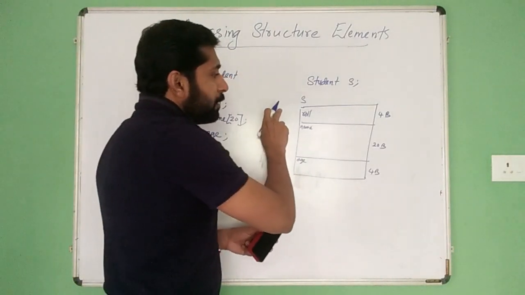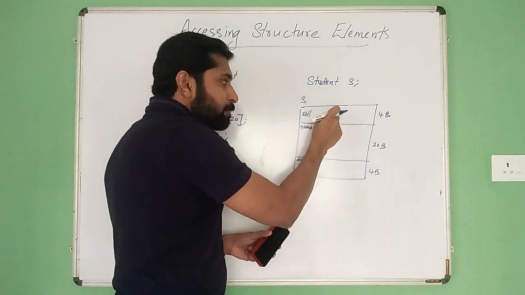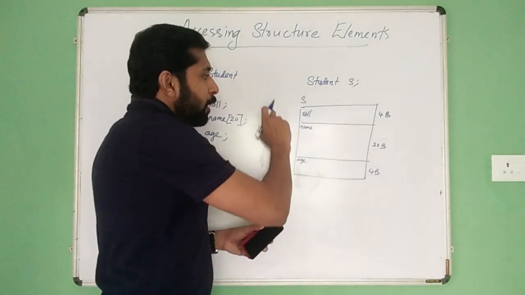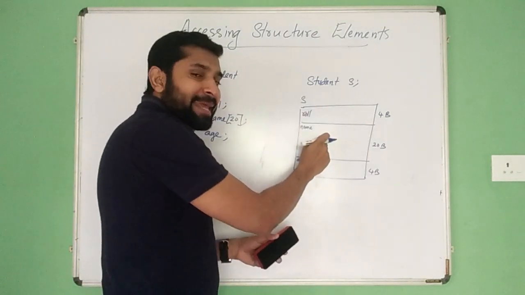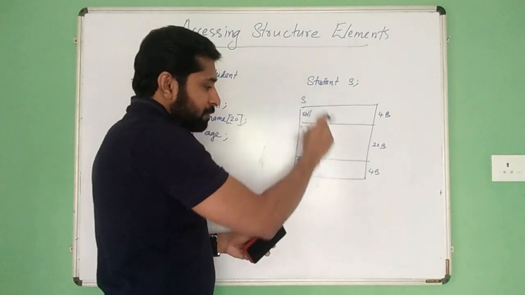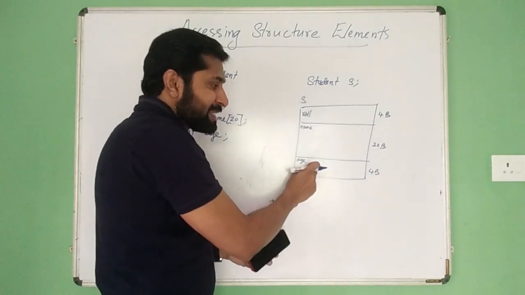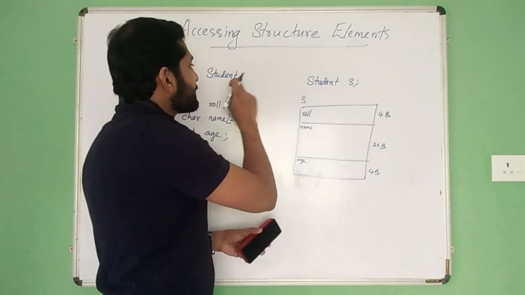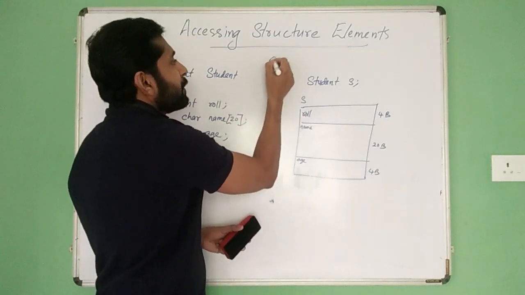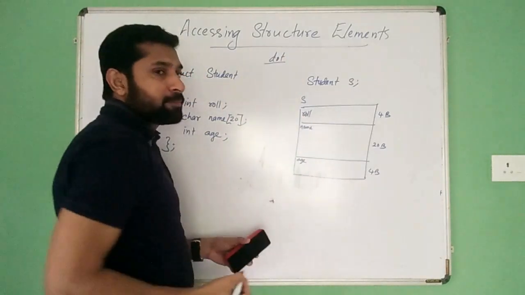Now, how do we assign value to this part? How will we assign value to this name part? How can we store value to this age part? The answer is using the dot operator.